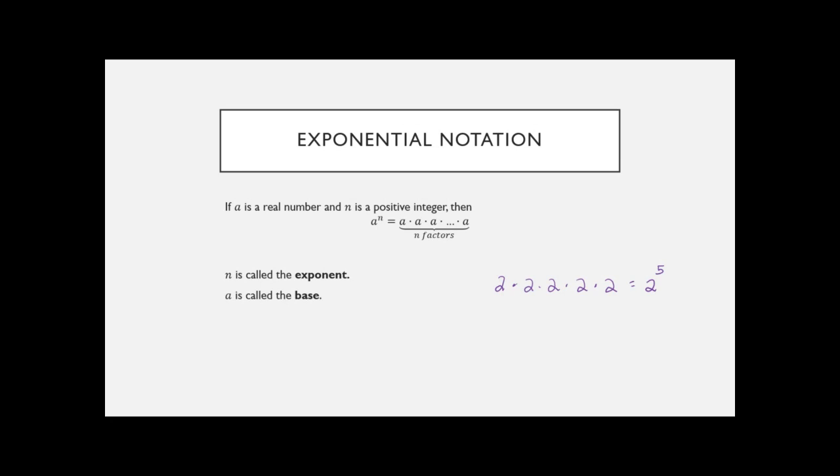That exponent just tells me how many of them I have that are multiplied together. So that number is called the exponent. The number underneath it we call the base. And we're going to be referring to these terms quite a bit, base and exponent, so it's important to understand what they mean and what you are referring to. So a here is the base.